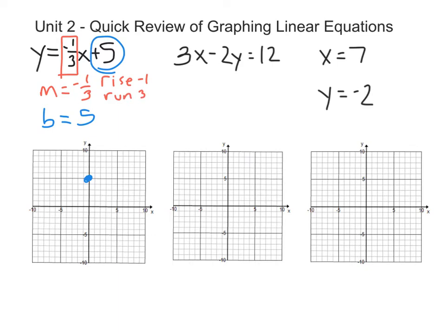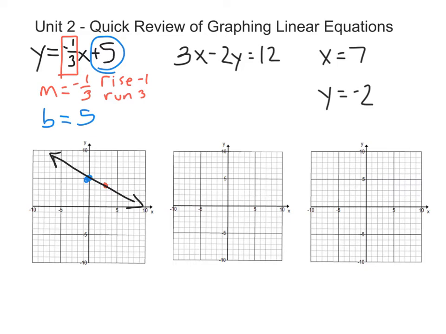So from this point right here, we're going to rise negative 1, that's down 1, and we're going to run 3. 1, 2, 3, to the right. So right there is where our other point is going to go. Remember that there's an infinite number of points on a line, but this is 2 points that we use to graph our line. So now we can graph our line through those 2 points.